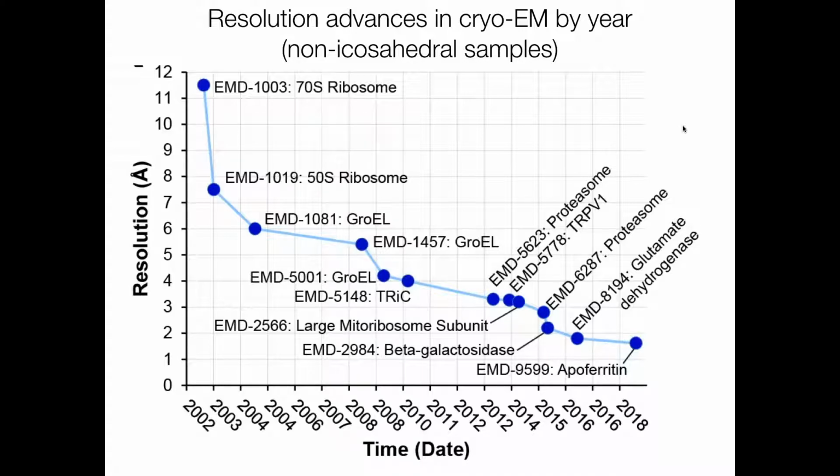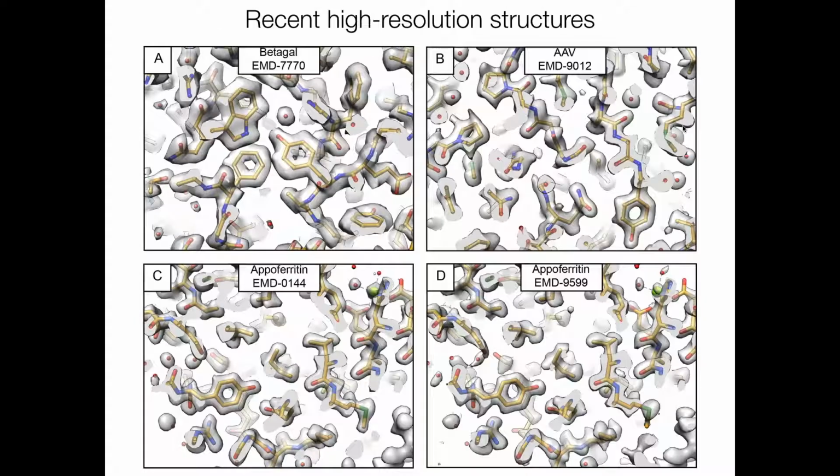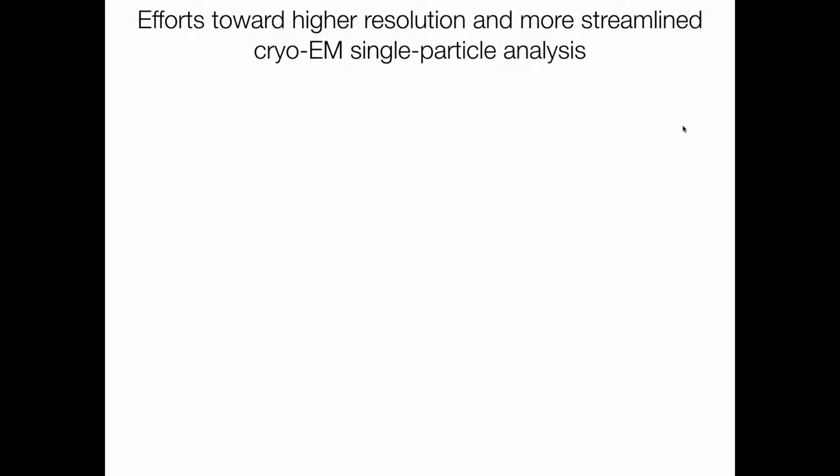We'll take it for the amount of time that it lasts. Since then, a few other structures have come out at higher resolution. We described 1.8, and then a few structures of apoferritin have come out at about 1.6. So these are continuous advances.